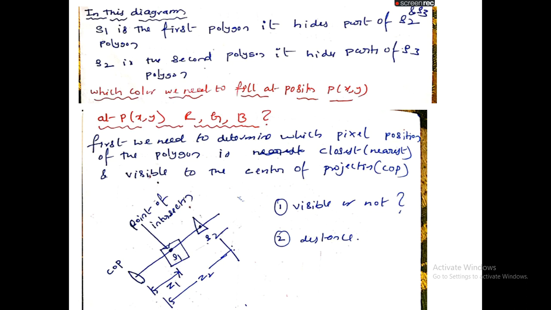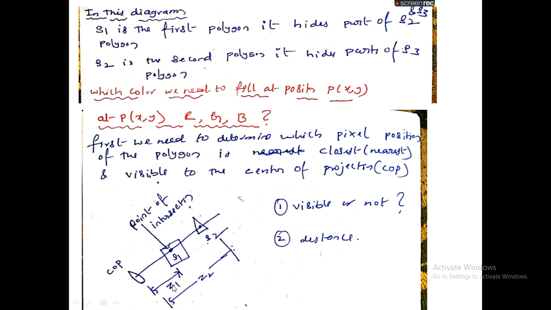So we need to determine the distance from the center of projection to this intersection point with respect to S1, and the distance from the center of projection to the intersection point with respect to surface 2. Now we need to compare Z1 and Z2.